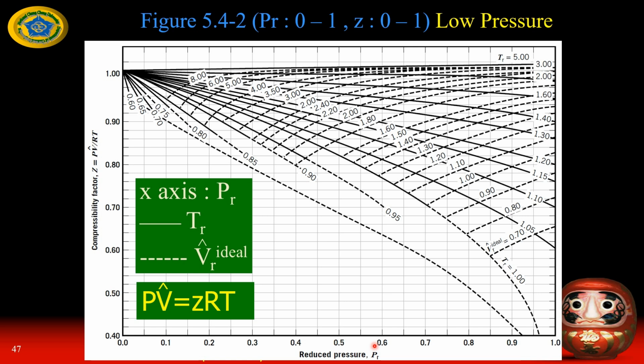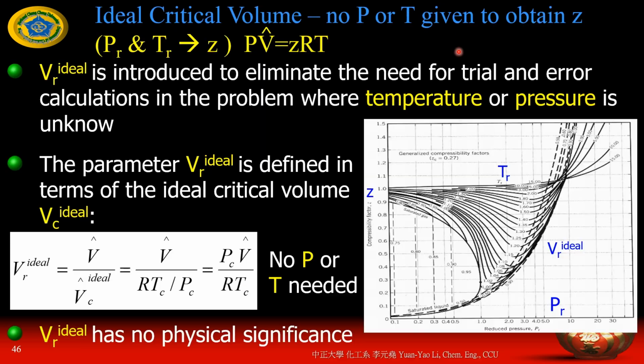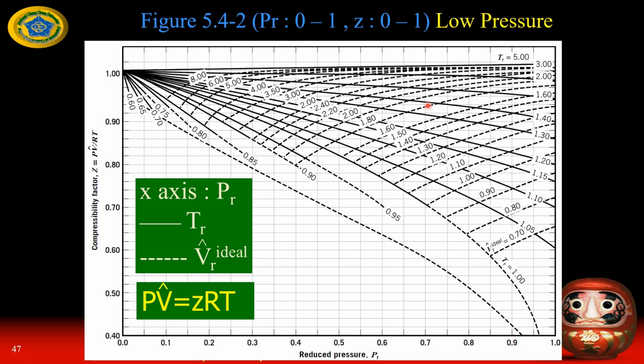So this is Figure 5.4-2, which represents the low pressure region of the big figure that represents all. If you zoom in, this is the low pressure region, and you can see more clearly that the x-axis is PR.